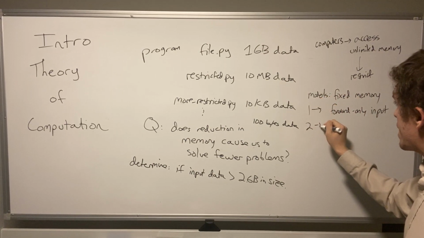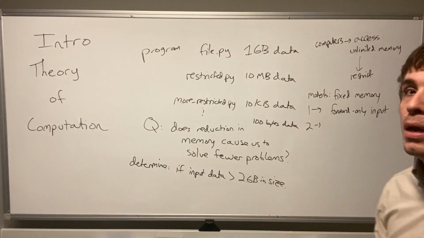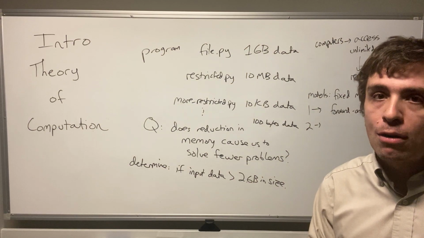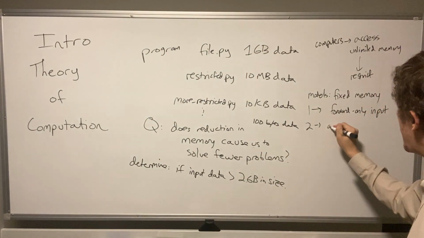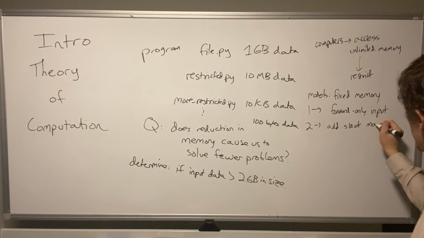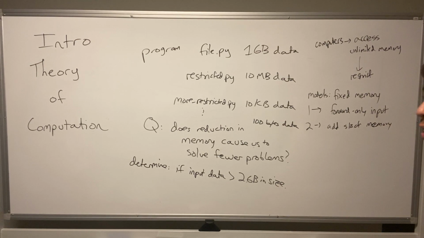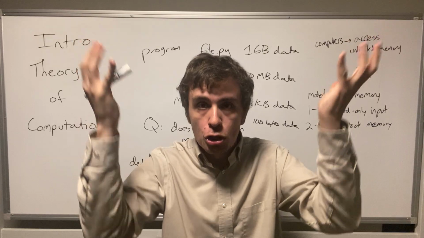The second one is we're going to have a fixed amount of memory also and a forward only input, but we're also going to allow ourselves a single stack of memory. So add a stack. And this stack can grow as large as you want.